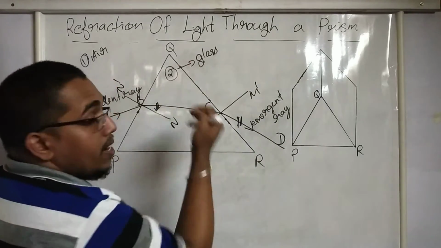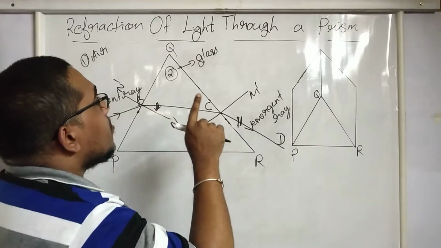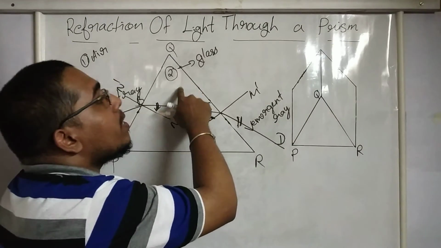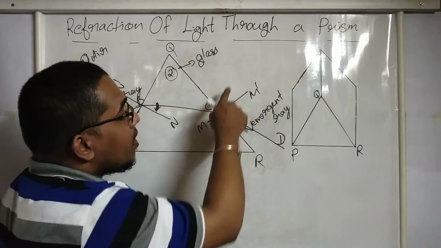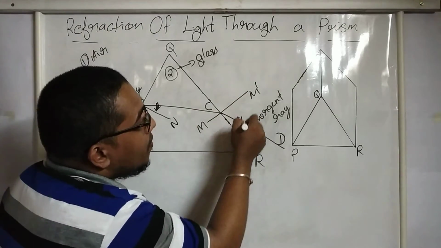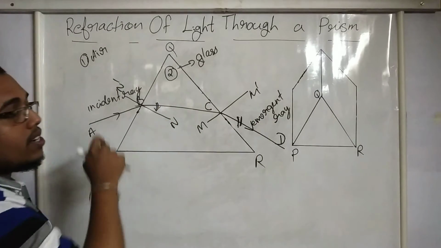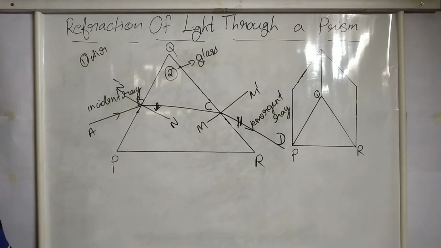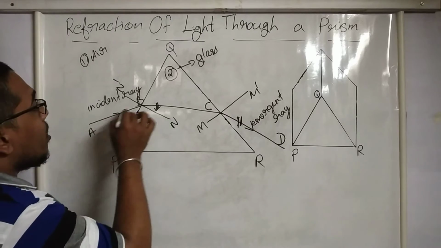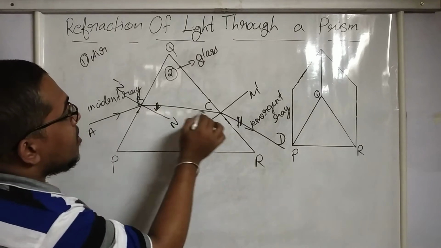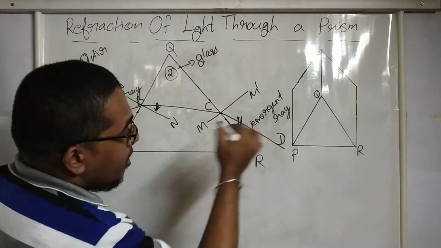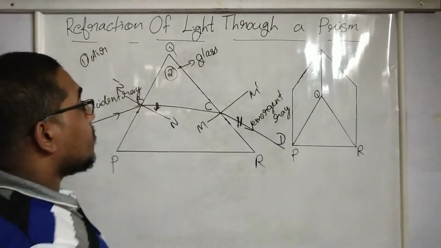Because whenever light moves from a denser medium to a rarer medium, the refracted ray will be away from the normal. So here it is away from the normal, and there it is towards the normal. Clear? Okay. AB is the incident ray, BC is the refracted ray, and CD is the emergent ray.